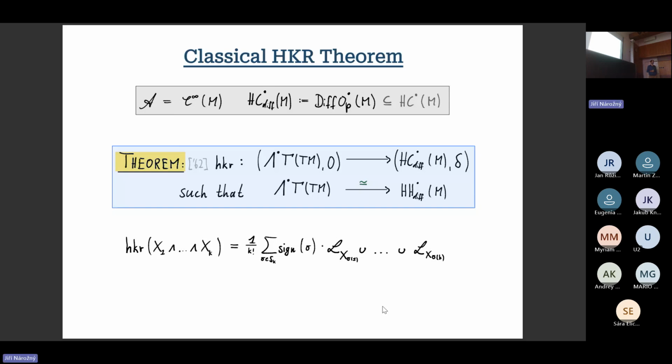Any other question? Maybe from the online audience? Is there any perspective to generalize it for the case of higher principal bundles, for instance?